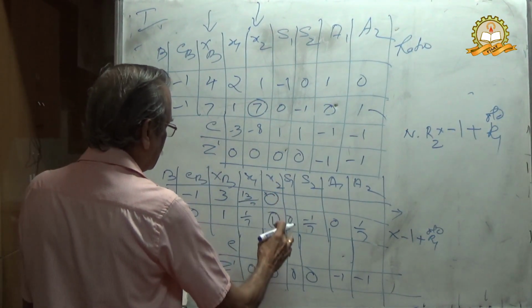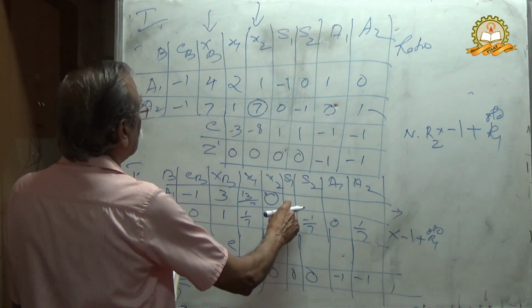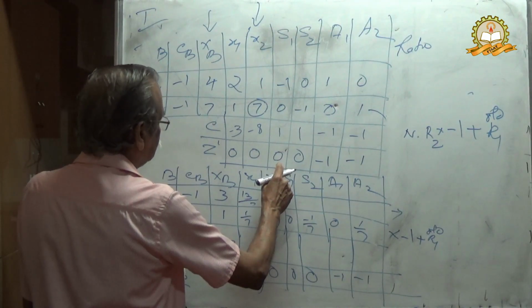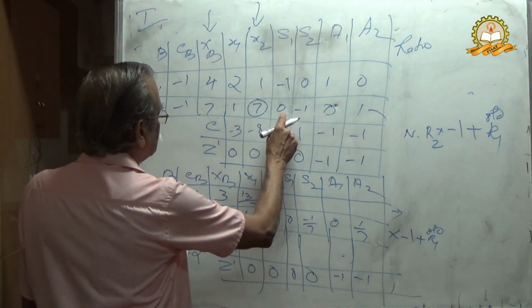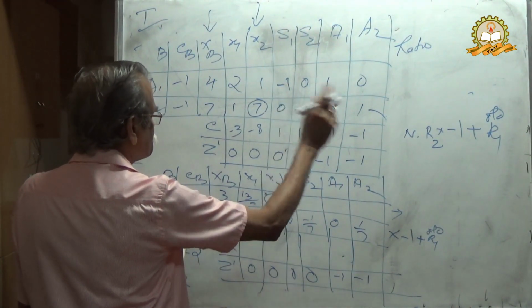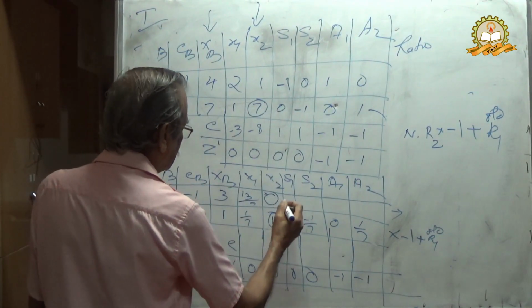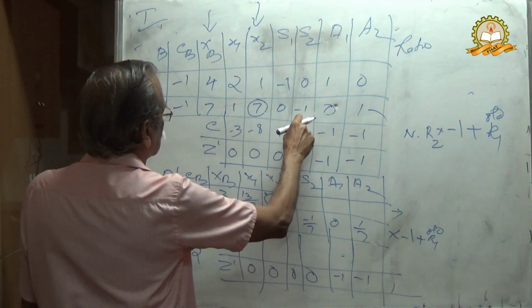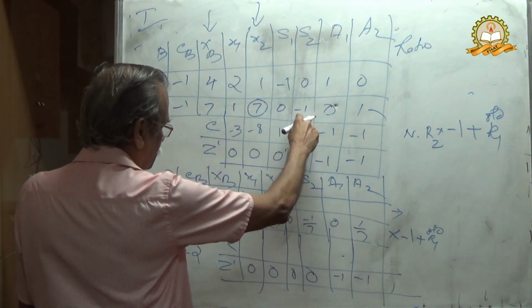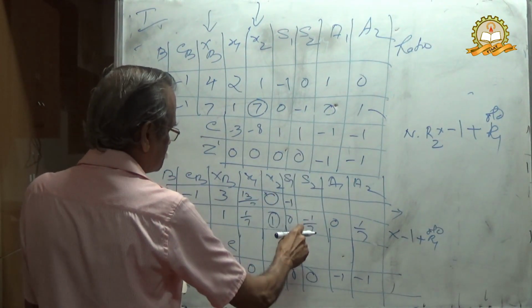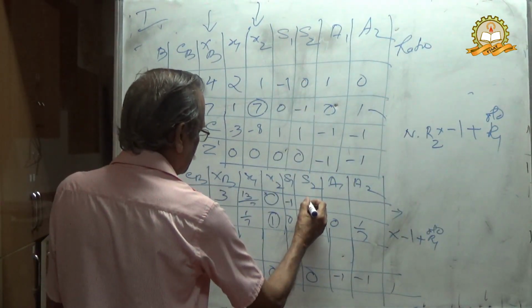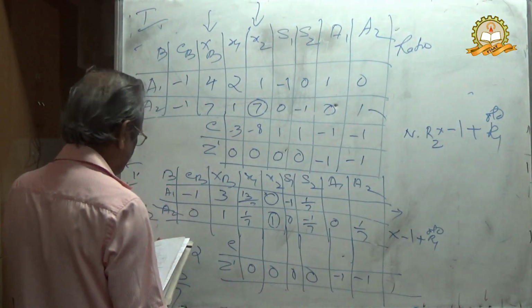x1 cleared, x2 cleared. Then under S1 you are multiplying this into negative 1, which is 0, plus this. Therefore, you have under S1 minus 1. Then under S2, this is negative 1 by 7 into minus 1 plus 0, so you have positive 1 by 7.